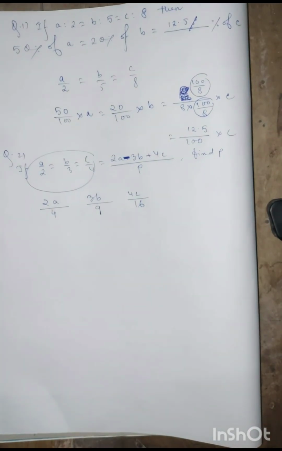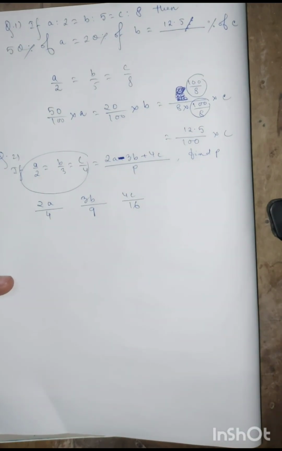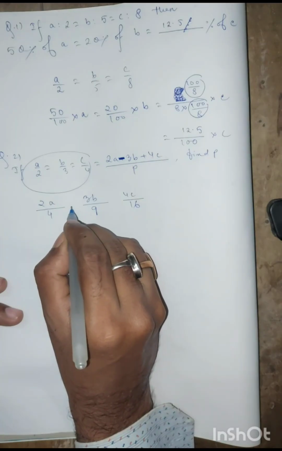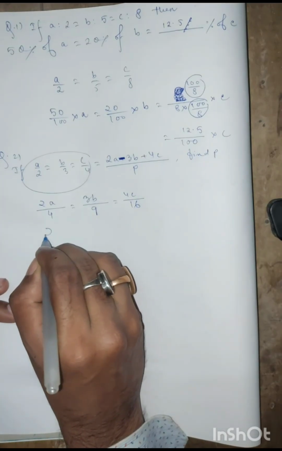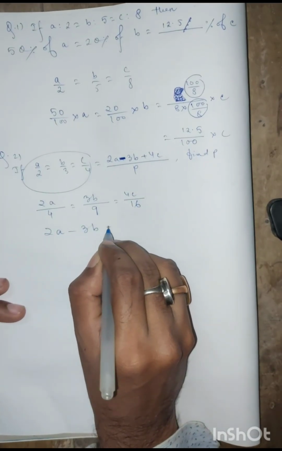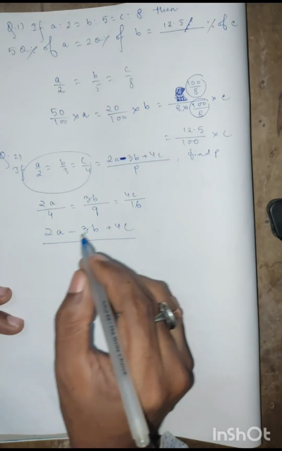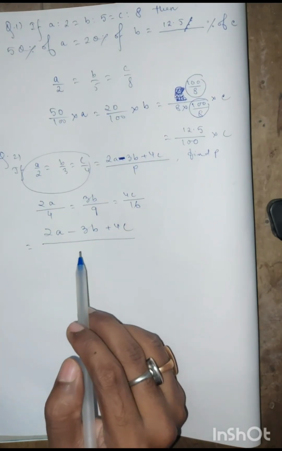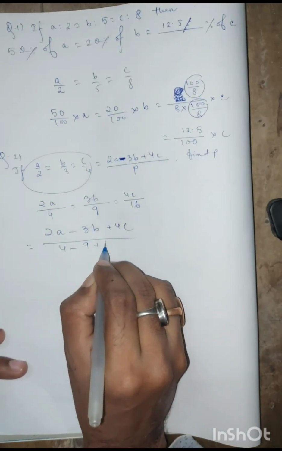Now we can write 2a minus 3b plus 4c by, these ratios are equal to 2a minus 3b plus 4c by 4 minus 9 plus 16.